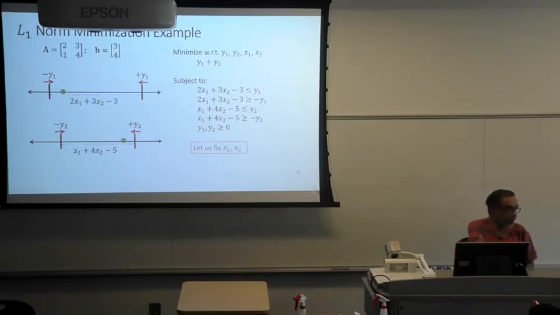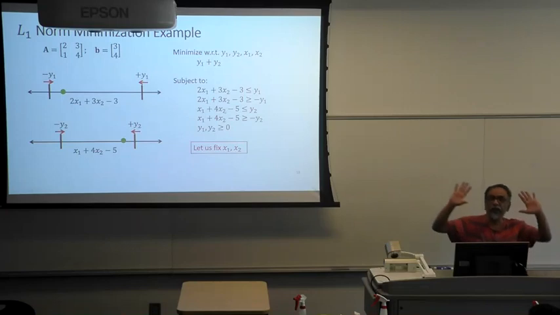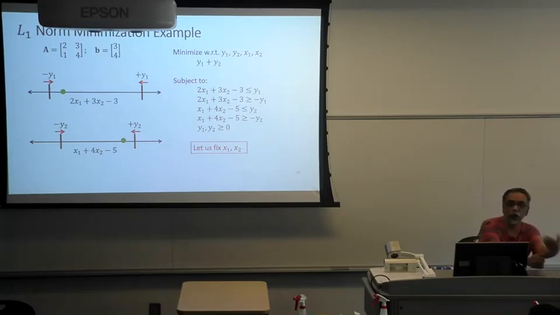Okay. Now let's say, just think of it like this. Stepwise, we minimize with respect to x, then with respect to y, then x, then y, then x, then y. Okay, suppose we do that. So first, let's fix the x's. If the x's are fixed, 2x1 plus 3x2 minus 3, this is this green dot here, and this is this green dot here. Okay, and now we will try to push the y's.